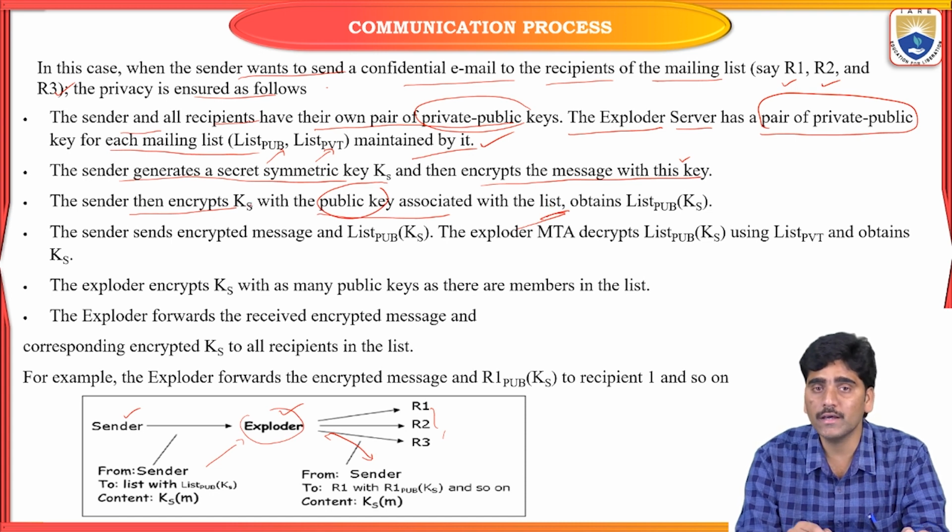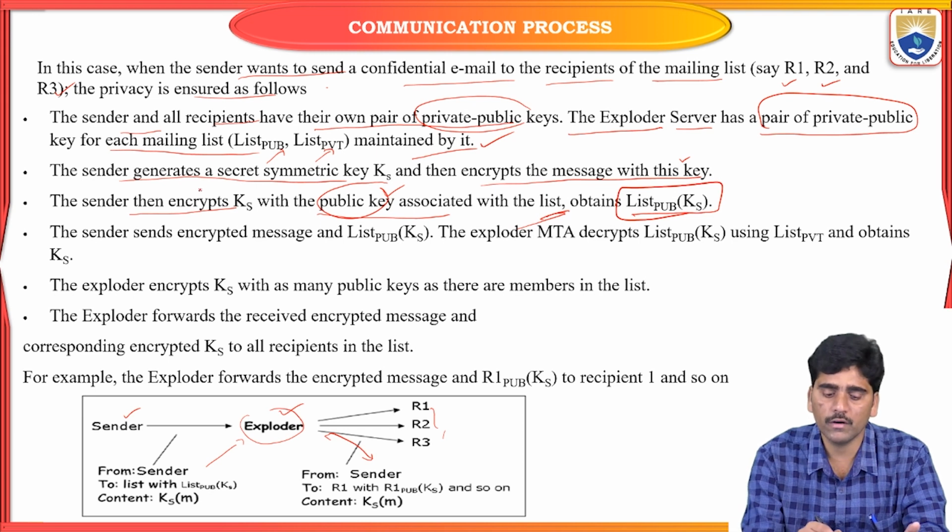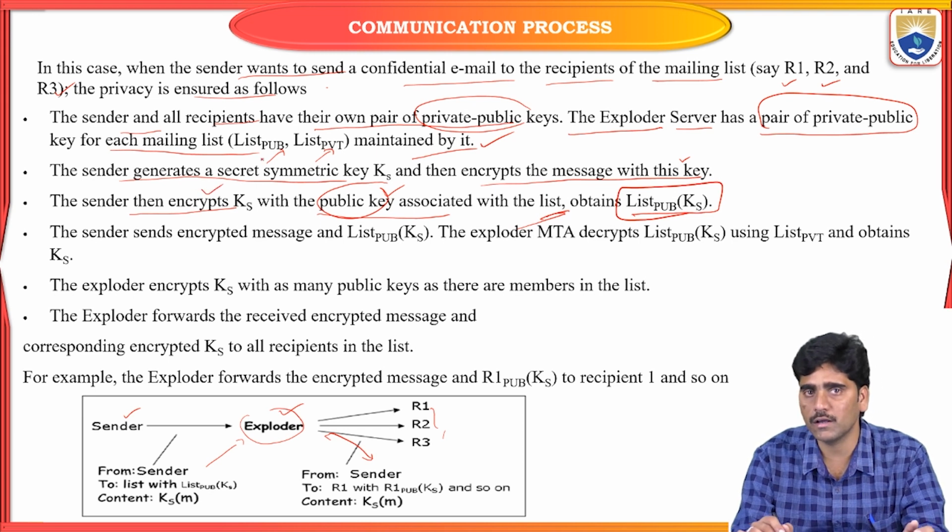Now the sender encrypts the data with the help of the public key which is available in the list of public keys. So the list contains all the public keys, and the public key is used for the encryption of the symmetric key for the sender.